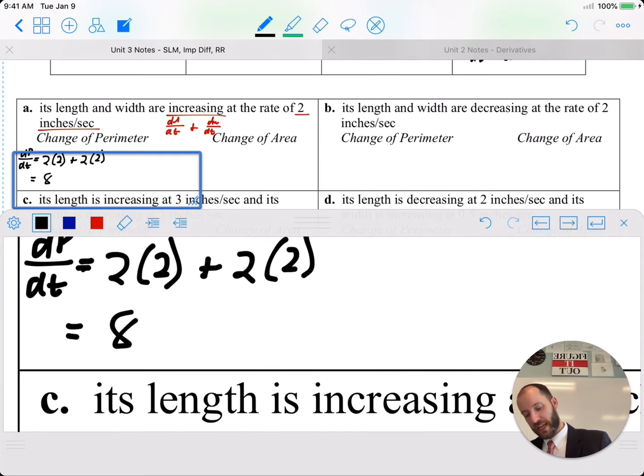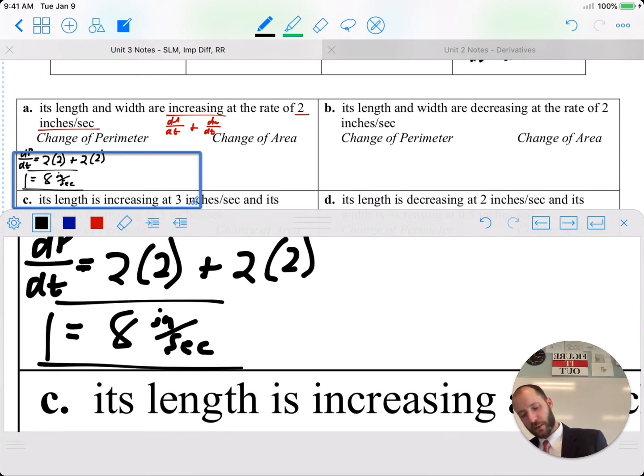So we end up with 8 inches per second. Which, if you think about it, can make sense, okay? Every single side of the rectangle is increasing at the rate of 2. So 2, 2, 2, and 2, so overall 8 per second.